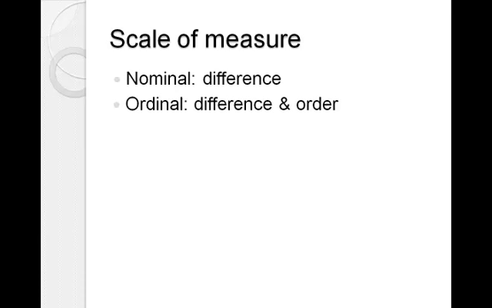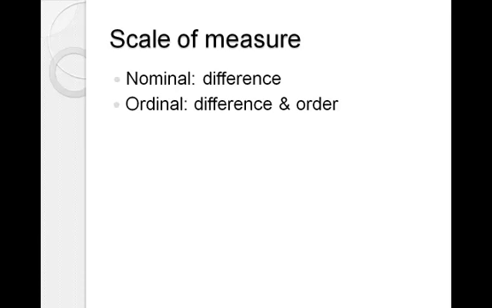Whoever came in first was faster than whoever came in second or third. So you can have more of something or less of something than somebody else. But we still don't have all the information we could have. If we have a race and they finish first, second, and third, and first and second place were separated by a tenth of a second, and then second and third place were separated by another 30 minutes.